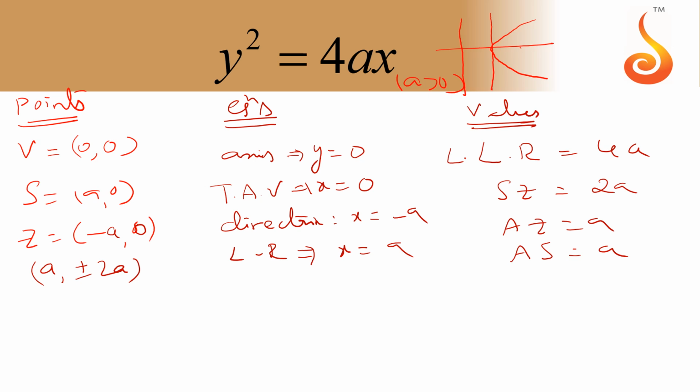These are the information which I am dividing into three parts: points, equations, and values. Why have I divided like that? This is standard, and I think you know for x square equal to 4ay, you can write these points, equations, and values.